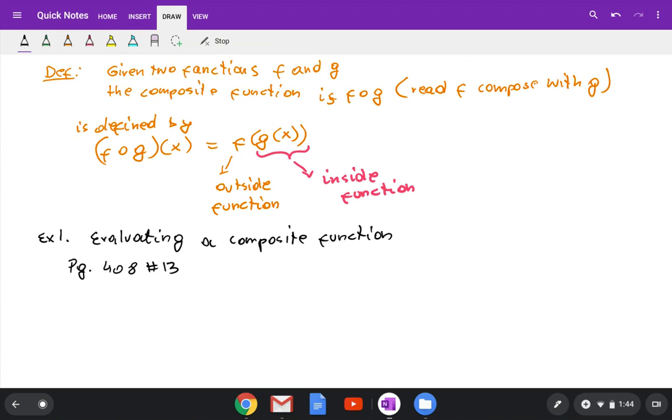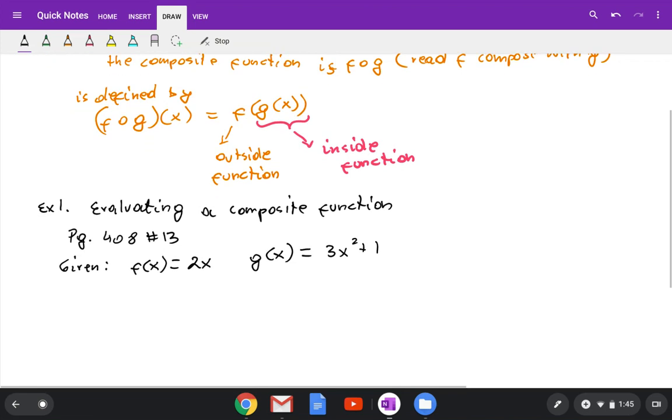And they give you two functions, so this is what is given. They give you the equation of function f of x, which is equal to 2x, a linear function, and g of x, that's the second function, and the equation of g of x is 3x squared plus 1, a quadratic function.